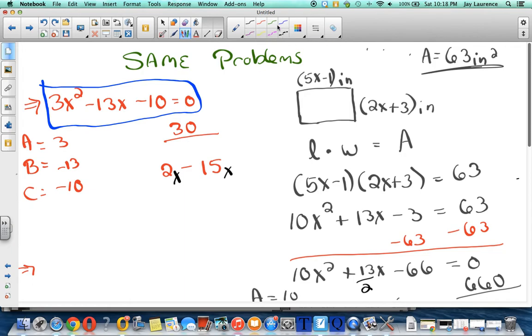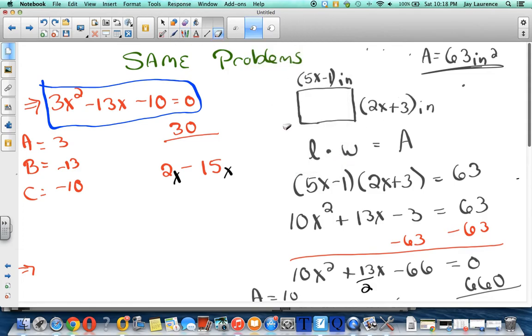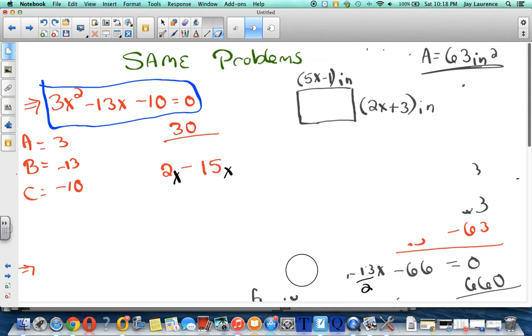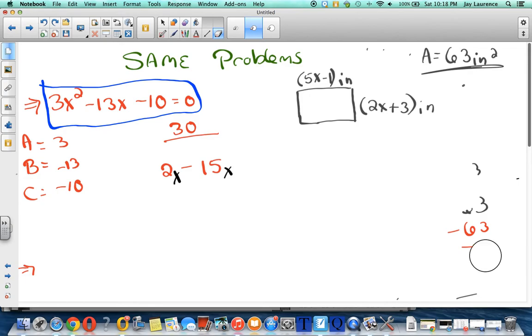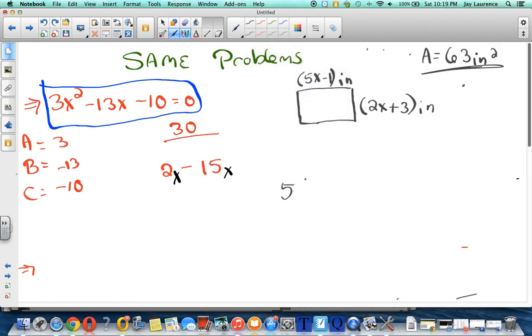Let's see what happens if x is 2. Okay. If x is 2, and I don't want you to do this, I don't want you to erase work, I'm going to erase my work so that I can do it right next to the problem. But if x is 2, the top side, or the base, or whatever you're calling it, becomes 5 times 2 minus 1, which equals 9 inches.